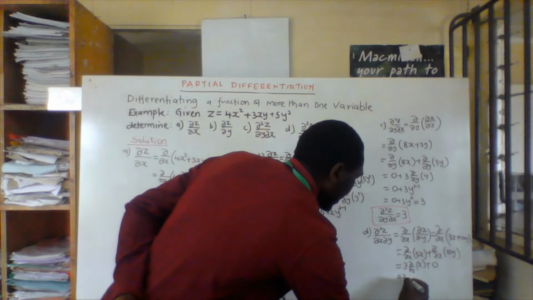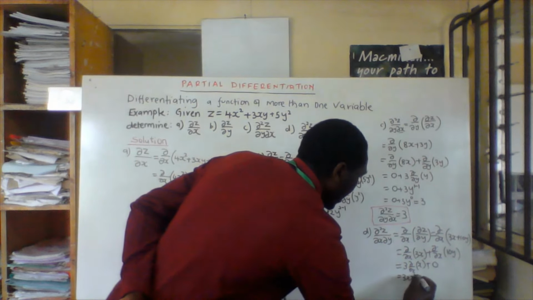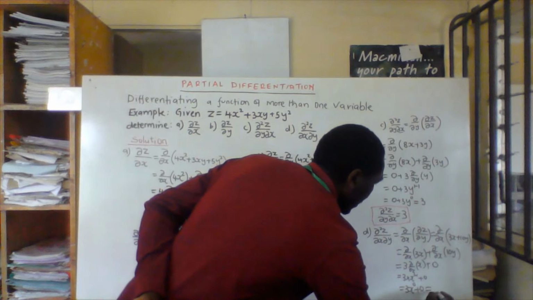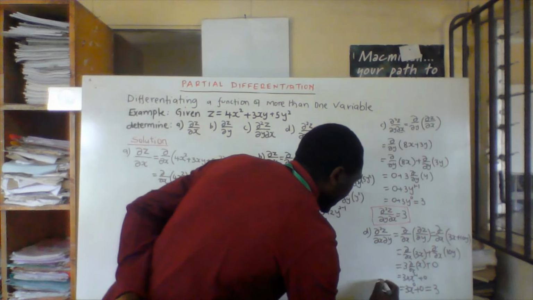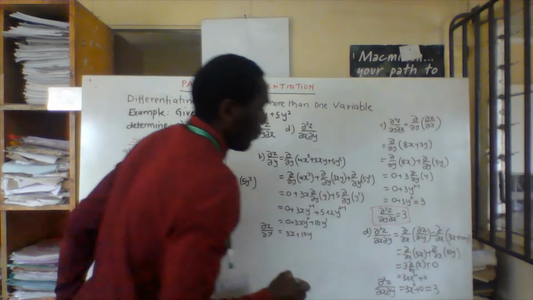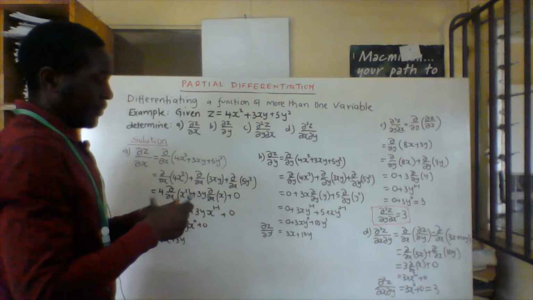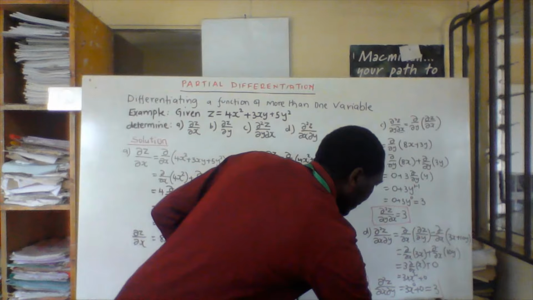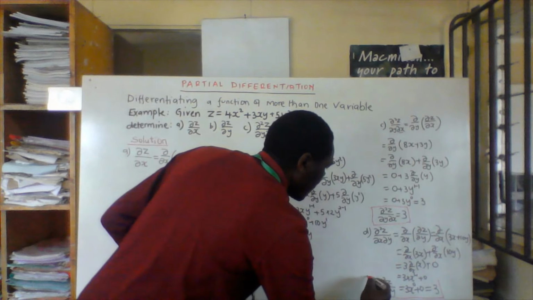This is 3 times x raised to 1 minus 1 plus 0, which is equal to 3 times x raised to 0 plus 0, which is equal to 3. That is the second partial derivative of z with respect to x and with respect to y. You can also put this one aside because we might need it for that explanation.